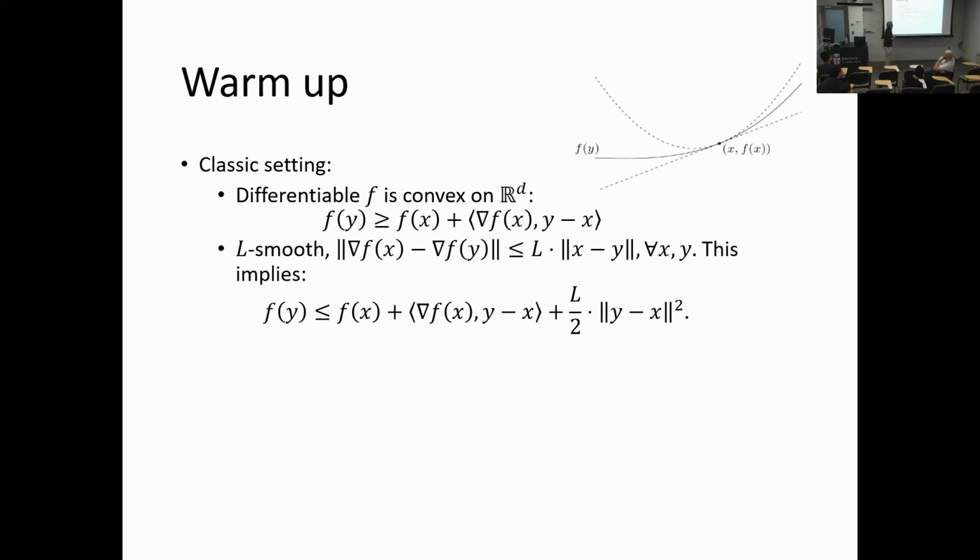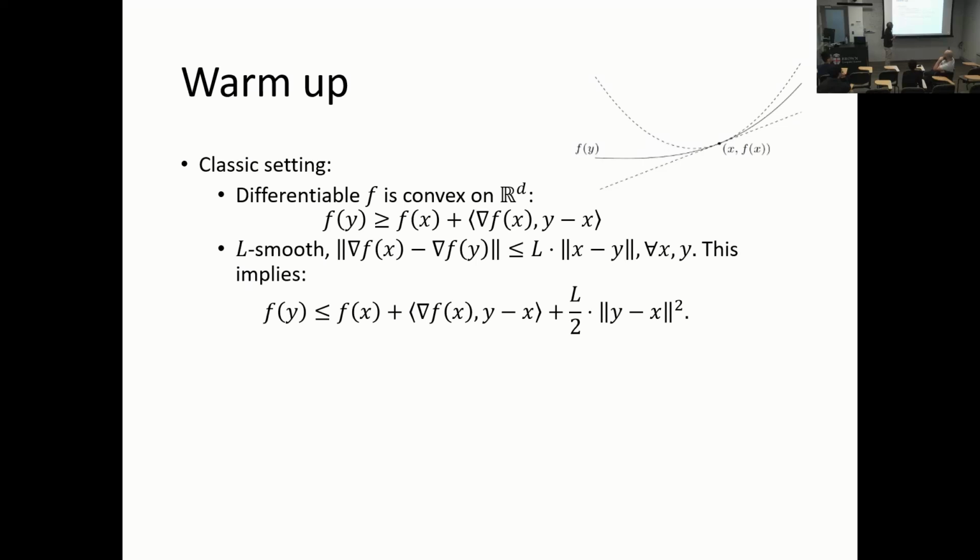So L smooth: one way to describe it is to say that the gradient cannot change faster than L times the movement. Another way to say it is that you can get a quadratic function that is an upper bound on the function everywhere.